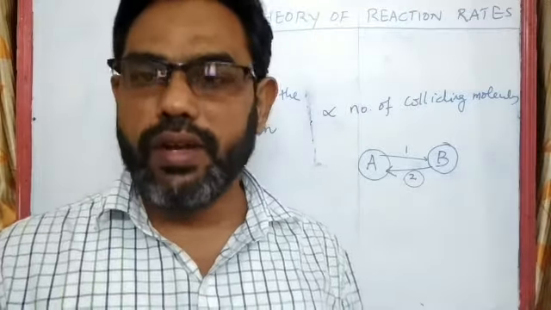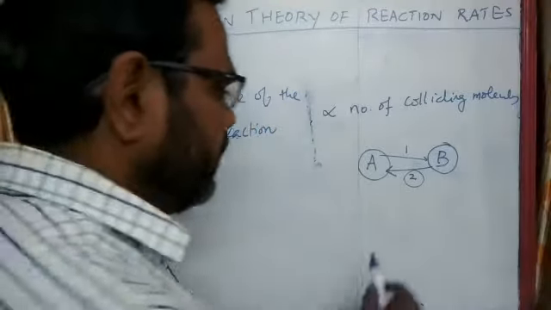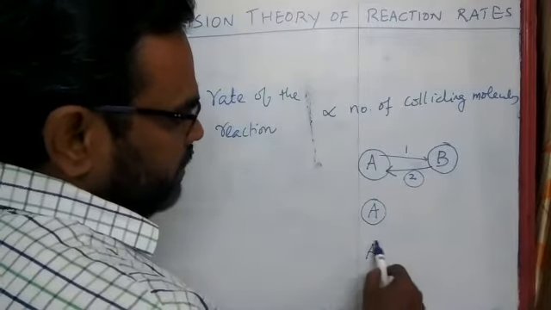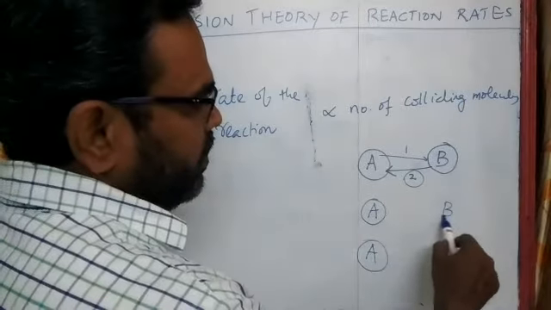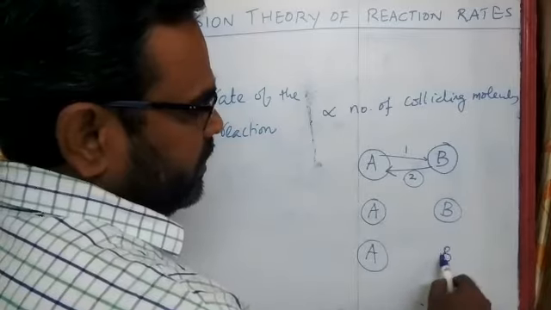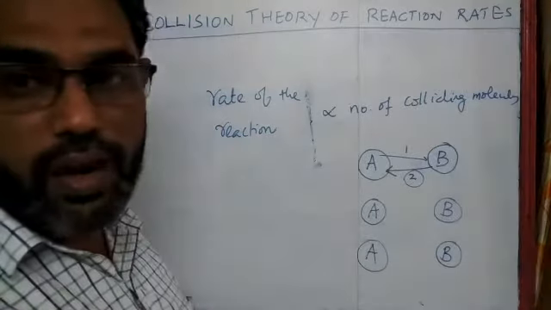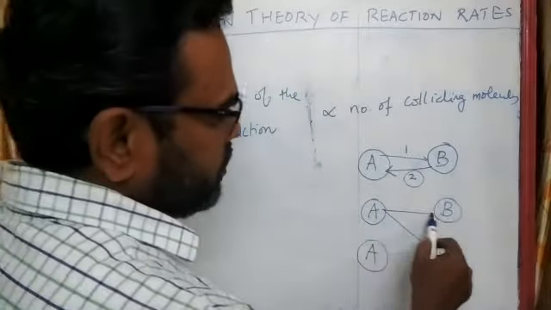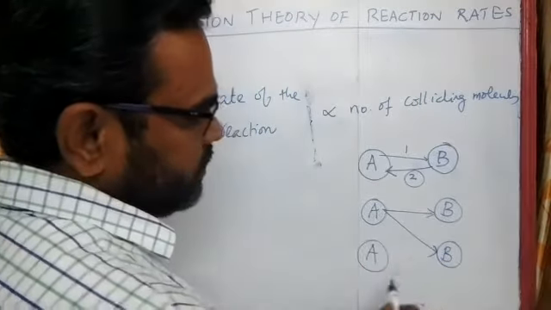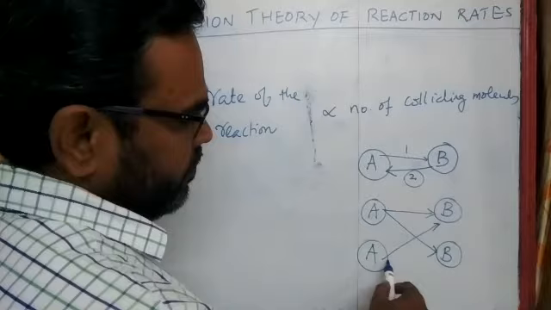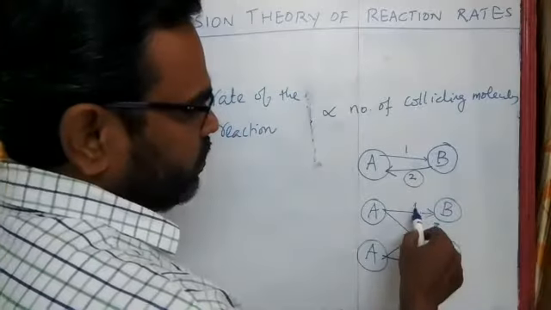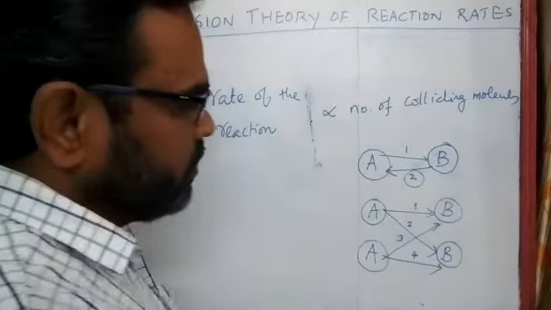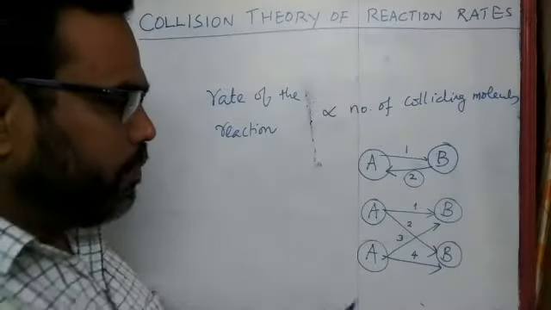If the number of molecules increases, say, for example, if I have 2 molecules of A and 2 molecules of B, then the number of possible collisions is 4. So 1, 2, 3 and 4.